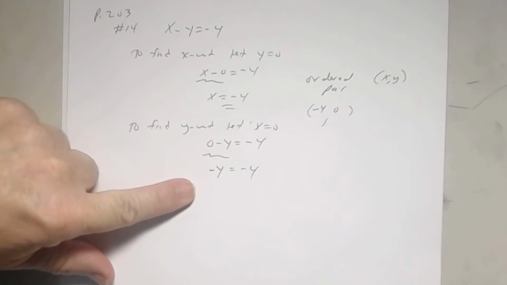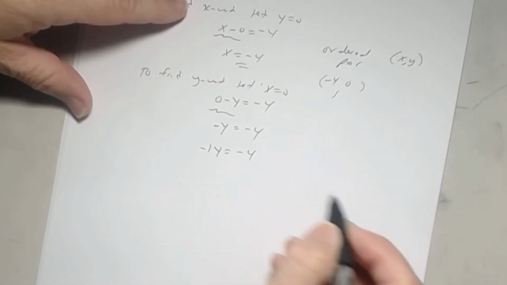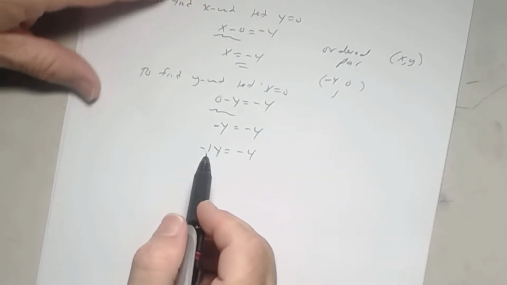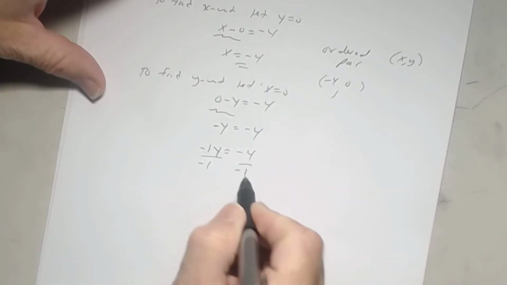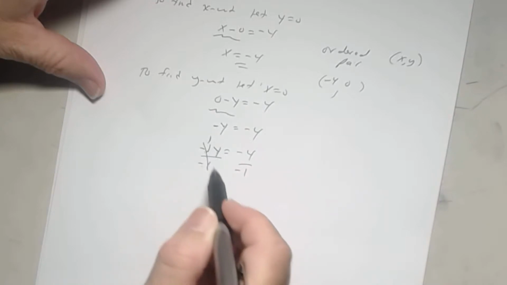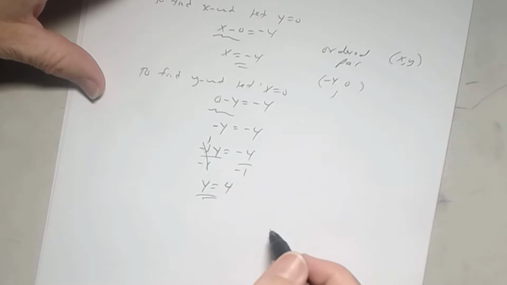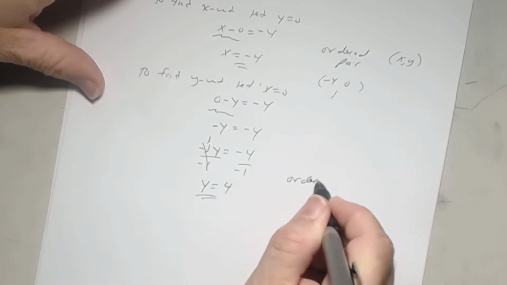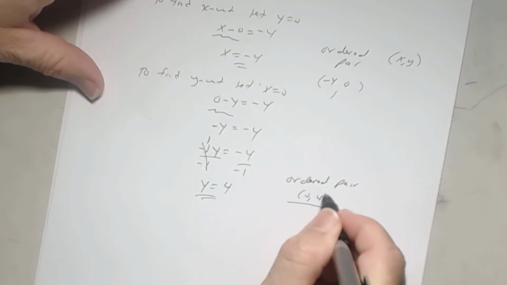So this is really -1 times y, and the opposite of multiplying by -1 is dividing by -1. -1 divided by -1 is 1, and 1 times y is y. So y equals +4. There's your y-intercept. In terms of an ordered pair, it's 0, 4.